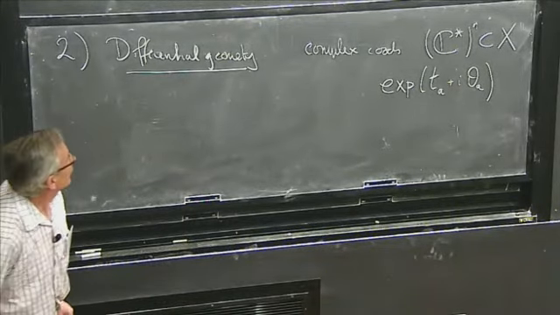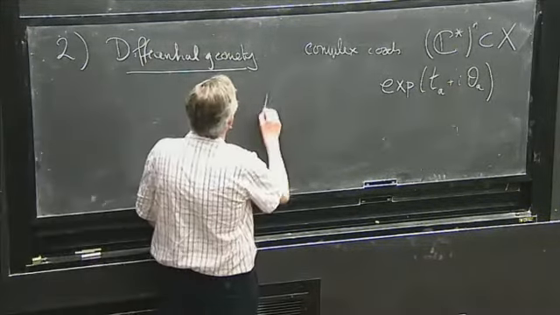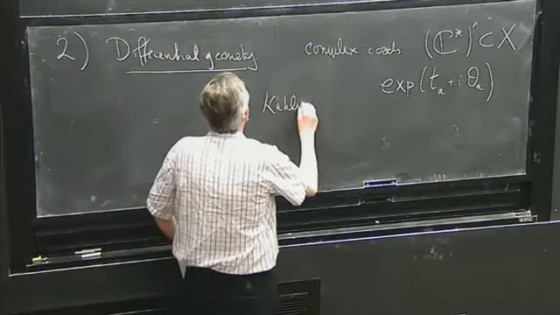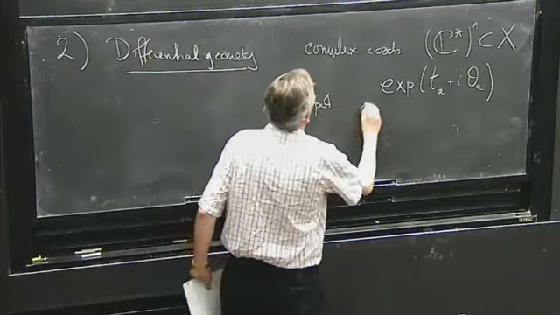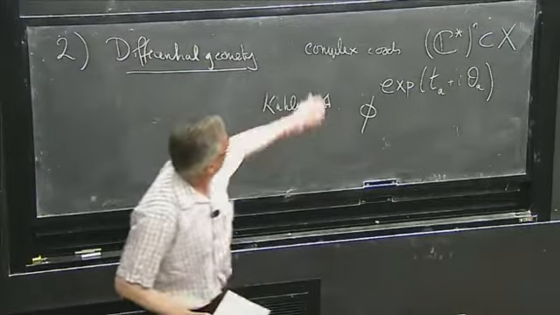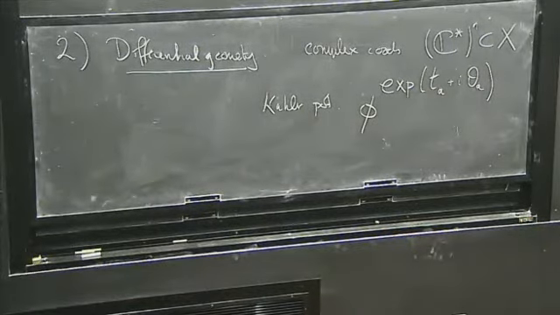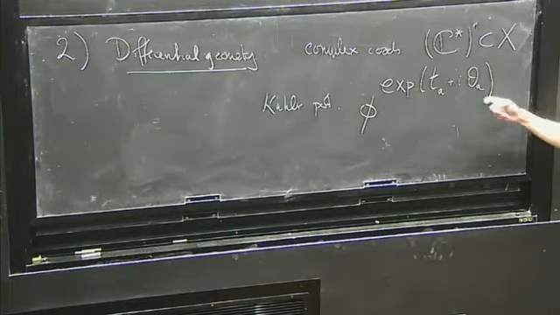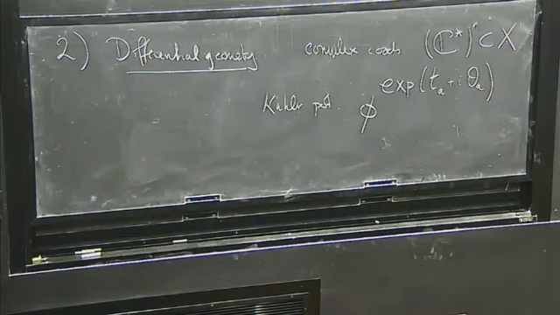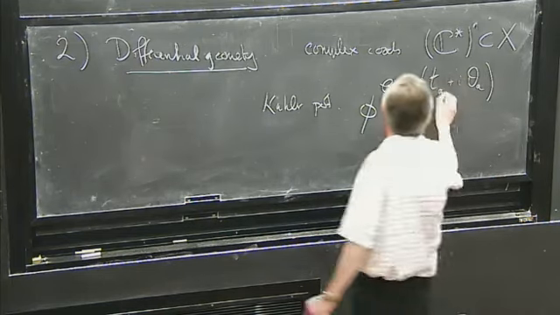So we want to consider a Kähler potential phi in this coordinate chart, but we want a metric that's invariant under the rotations, that's to say the translations in these coordinates in the theta direction. So we want a function phi which only depends upon these t coordinates.